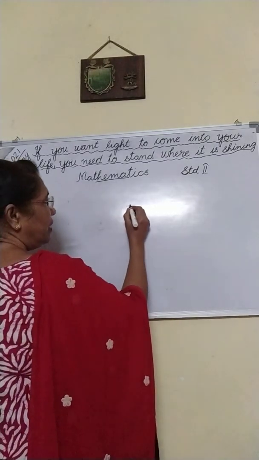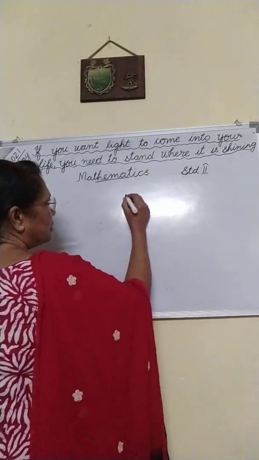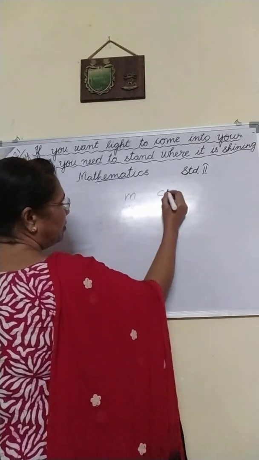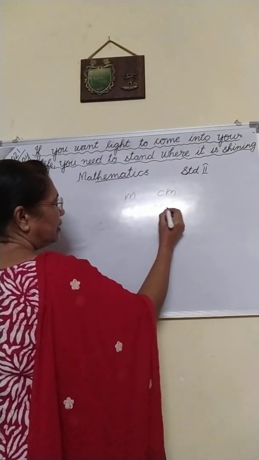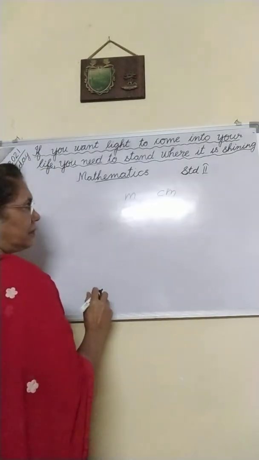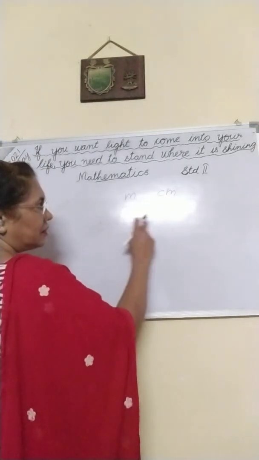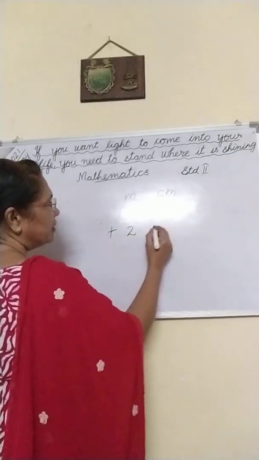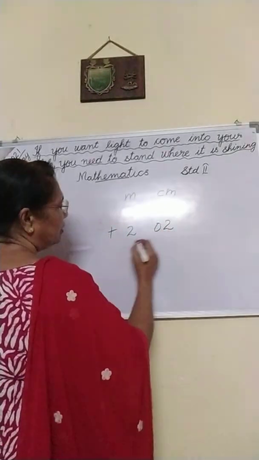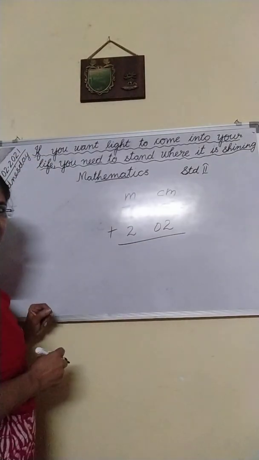Now 7, this is meters and here centimeters. Okay, 7 meters and 5 centimeters plus 2 meters and 2 centimeters. How do you add?